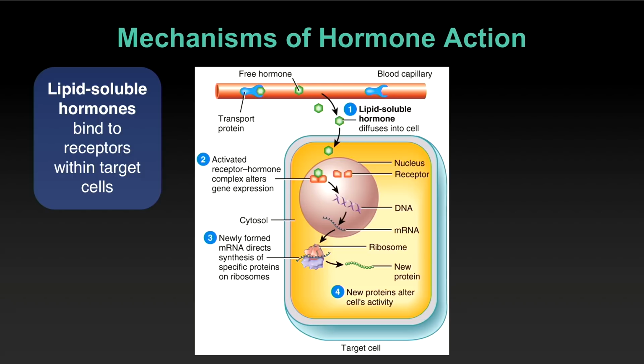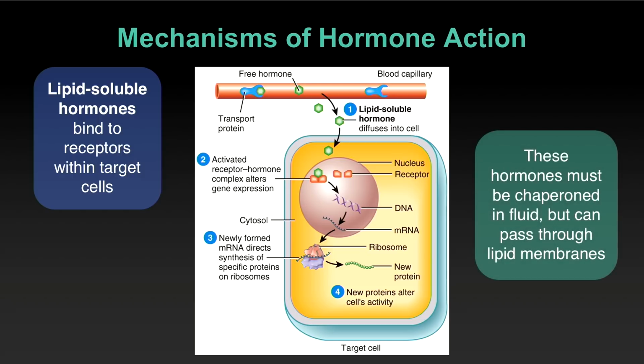So lipid-soluble hormones are carried by their chaperone to the target tissue, and then they just enter willingly. They're on the VIP list. No problem. They just get in and bind to a target receptor in the cell. They're chaperoned anywhere there's water, which is the majority of locations within the body.